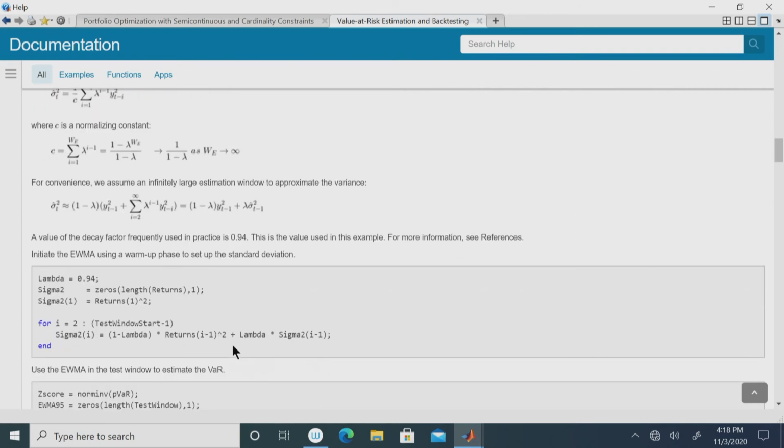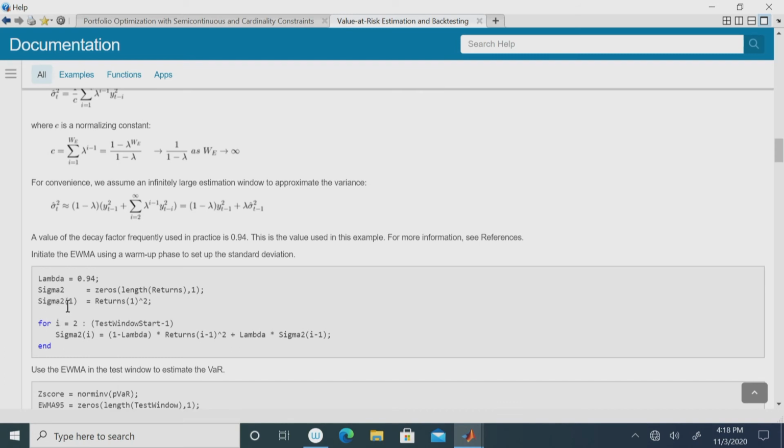In this example, we will initiate the EWMA. First of all, we set lambda to be 0.94, and we take sigma to be zeros of the length of returns by 1, and then we calculate sigma squared of i recursively.